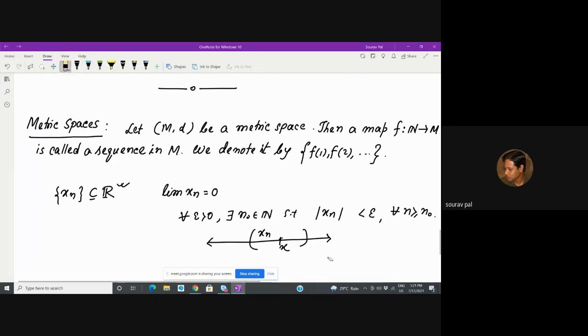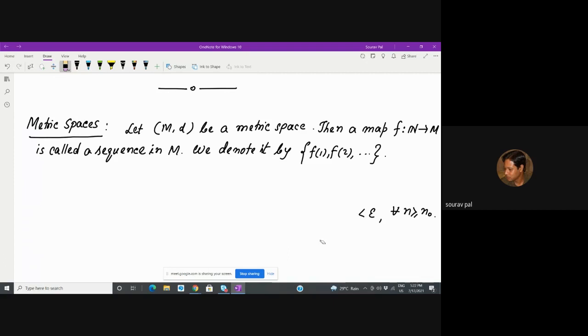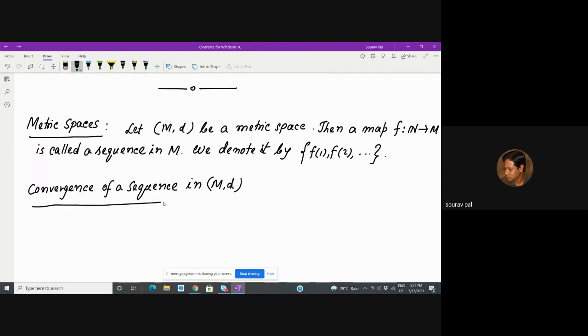So we define the convergence in a metric space with the help of convergence in the real line. How? Let us see. We just make two steps.